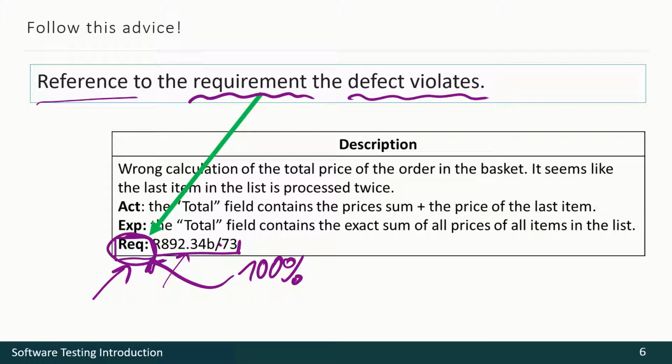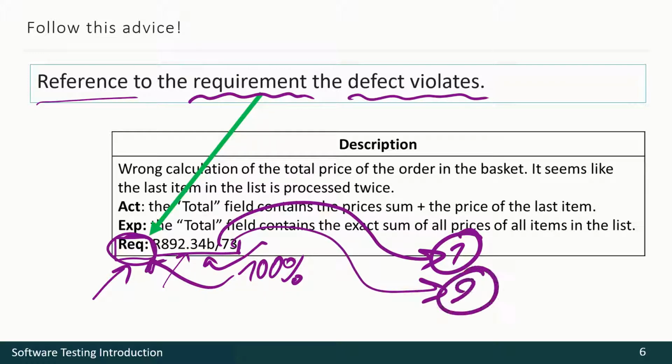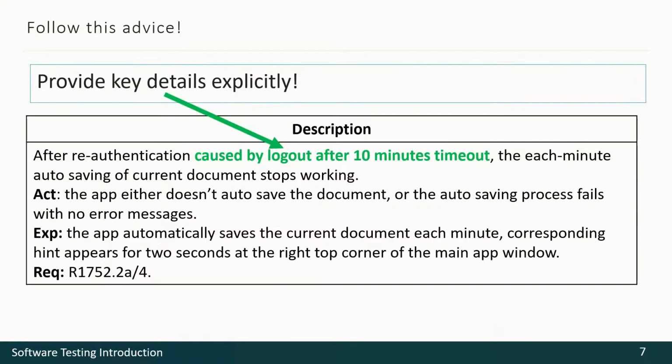It serves several purposes. First of all, it's easier to prove that this is a defect, that some requirement is violated. And the second, that requirement may provide some additional details that make the defect report easier to understand and the defect easier to be fixed.